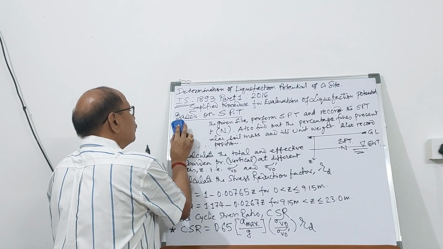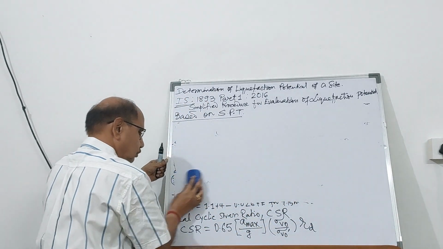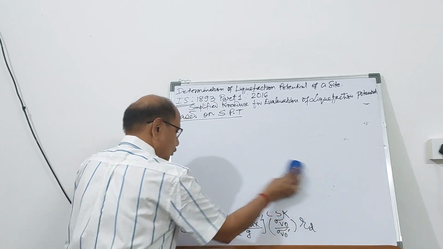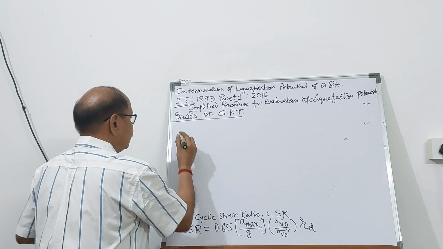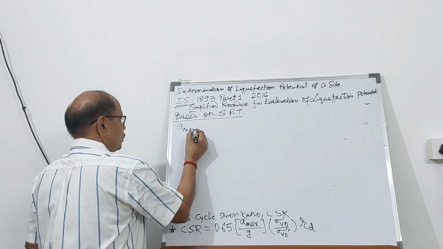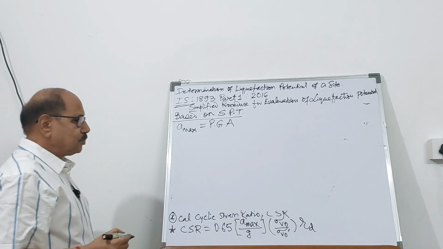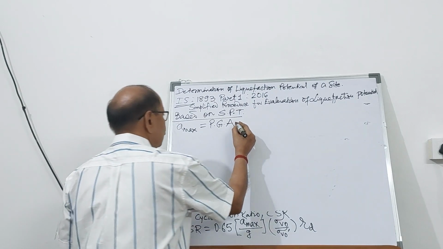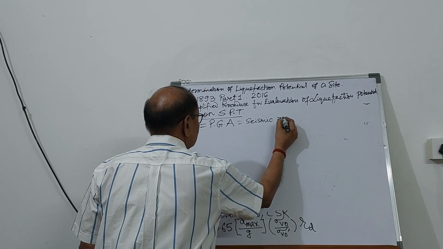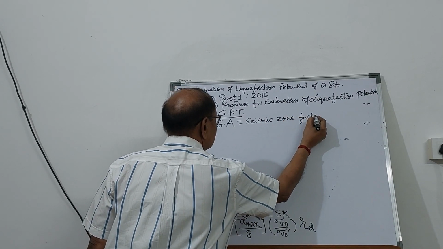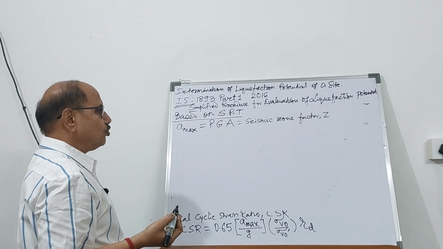Where A max is peak ground acceleration. This peak ground acceleration is related to the seismic zone factor, capital Z. So for every area you have a zone factor.